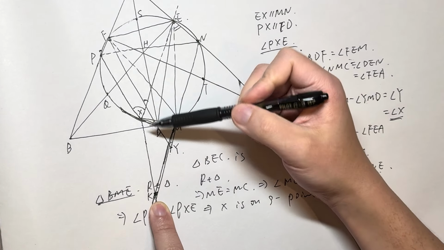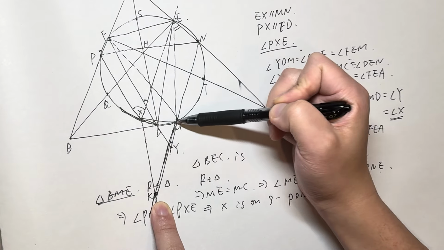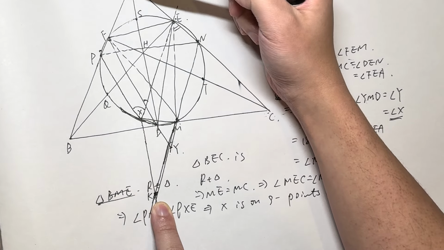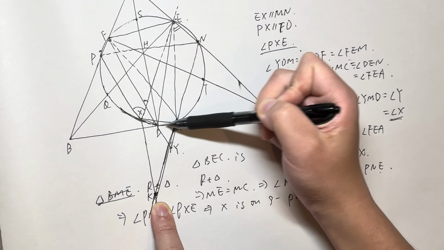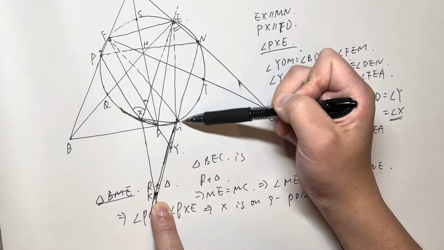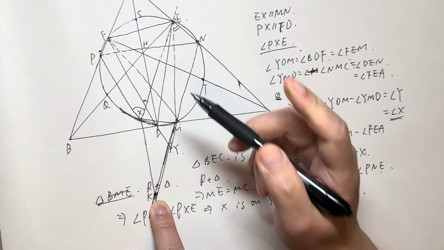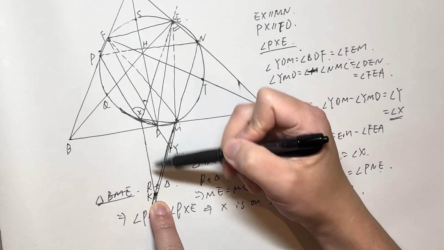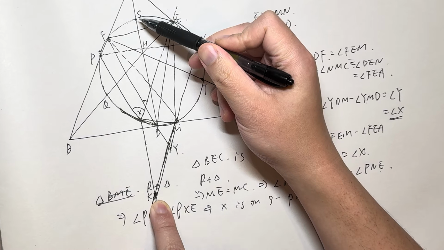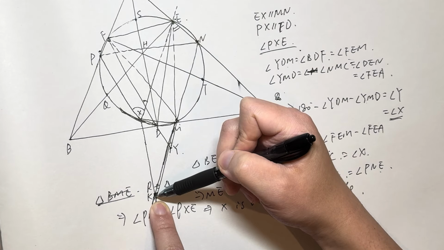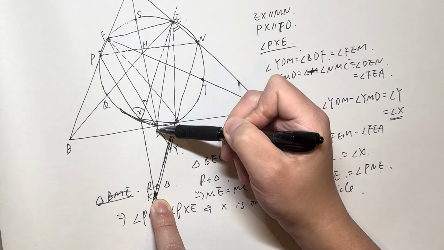We know that XK is perpendicular to DM, and also SD is perpendicular to DM, which means we want to prove that XK equals SD. We just need to prove that XKDS is a parallelogram. To prove it's a parallelogram, we already know that XK is perpendicular to DM, and SD is perpendicular to DM.